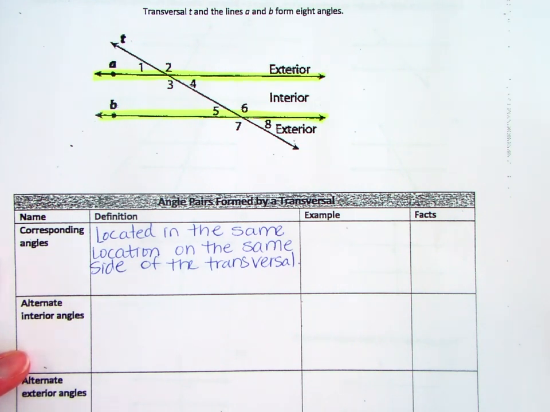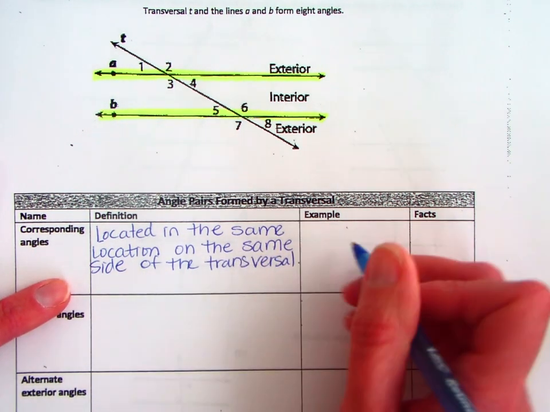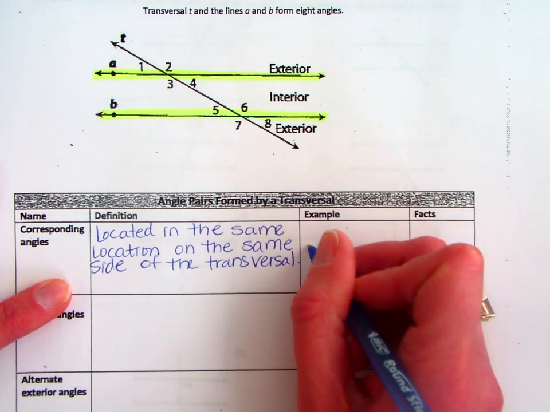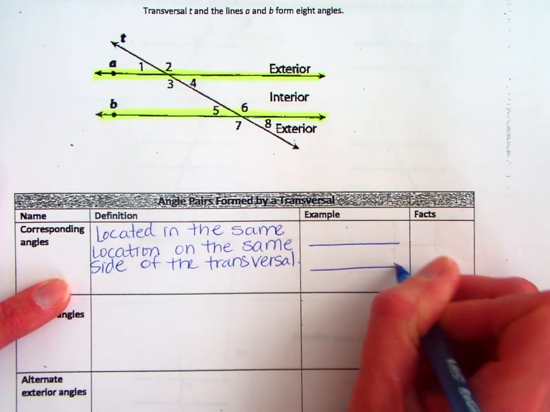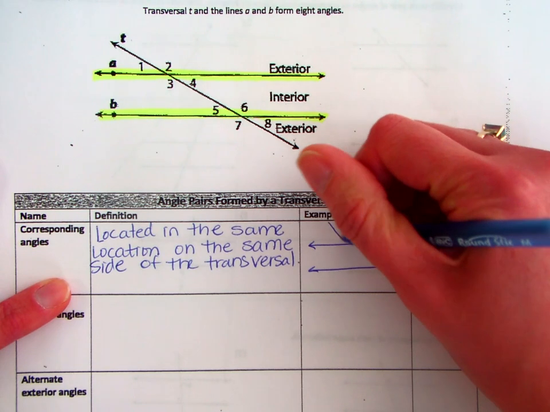If we draw a picture, that'll kind of help describe what this means here. So I'm going to copy that same diagram from up above, our two parallel lines cut by our transversal.